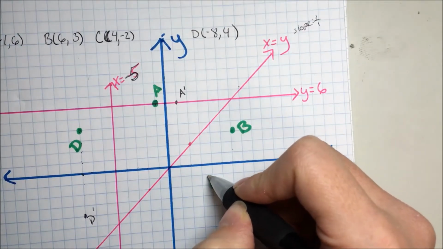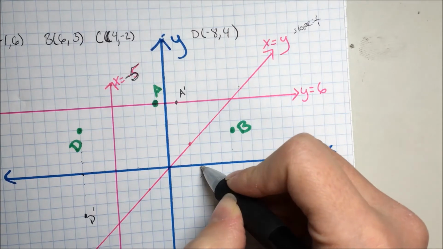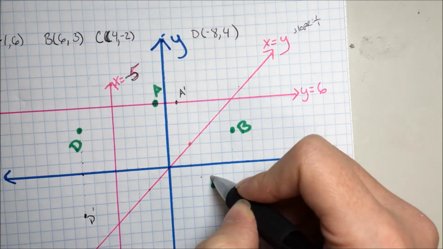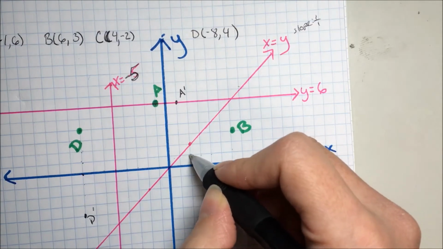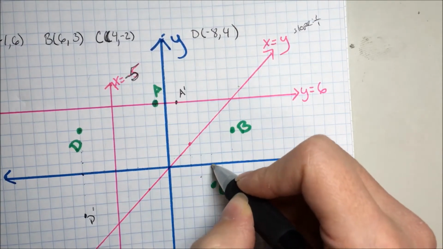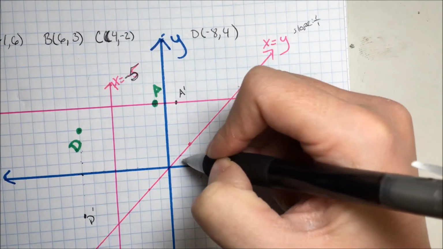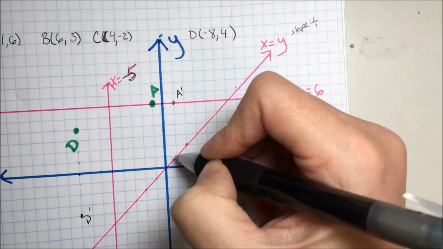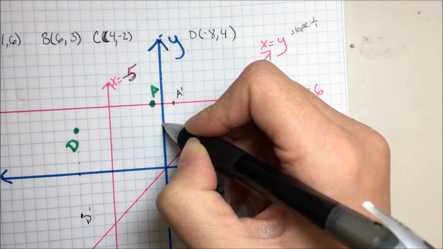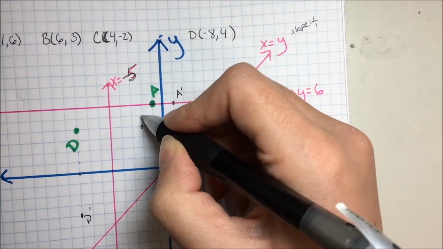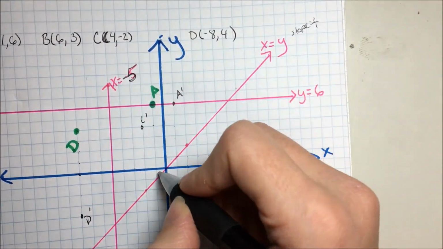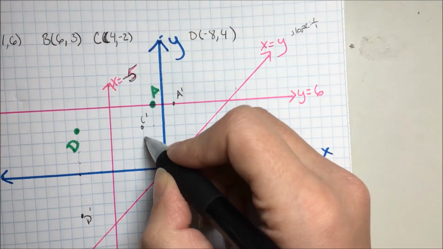So I'm going to count up 1 over 1, up 2 over 2, up 3 over 3. So 1, 2, 3, 1, 2, 3, that's how I would get to that line using a perpendicular slope. Now I want to go past that line the same amount: 1, 2, 3, 1, 2, 3. That's where C prime would be. So C prime ends up being -2, 4.